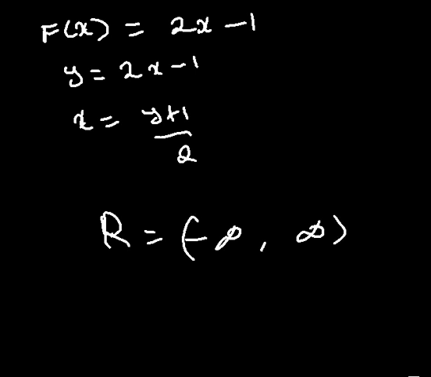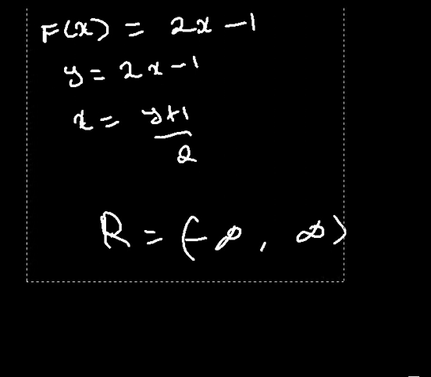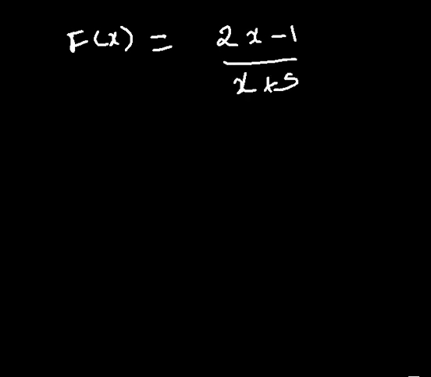It should be that. And how about, let's say, if we have the function f of x equals 2x minus 1 divided by x plus 5. How should you find the range of the function? The principle remains the same. Having f of x is the same as having y equals 2x minus 1 over x plus 5.